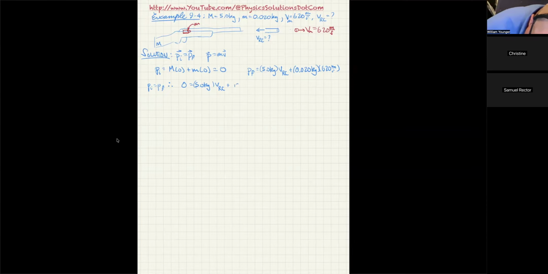So this is going to be 12.4 kilogram meters per second, and therefore we can solve for V recoil, and V recoil is going to be negative 12.4 kilogram meters per second divided by 5.0 kilograms.